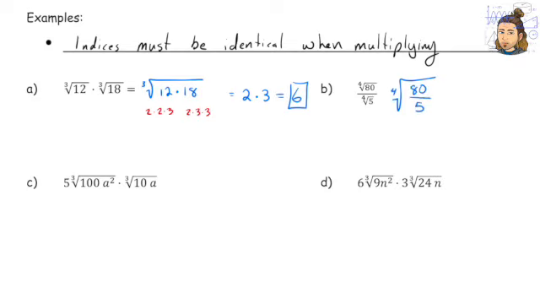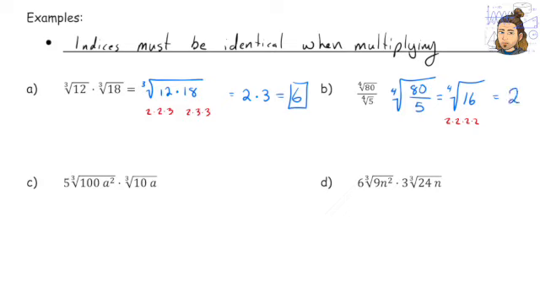Here I am going to simplify that. That's going to give me the fourth root of 16. And then think through, okay, 16 is 2 times 2 times 2 times 2, right? And then that means that the fourth root of 16 is just 2.